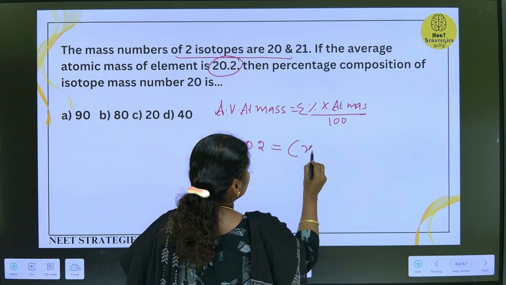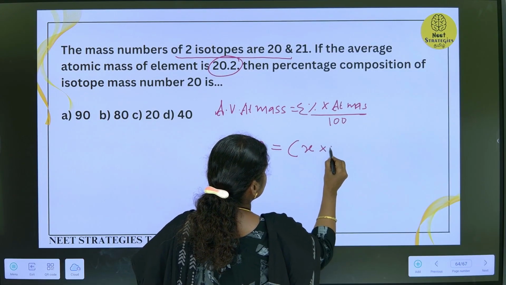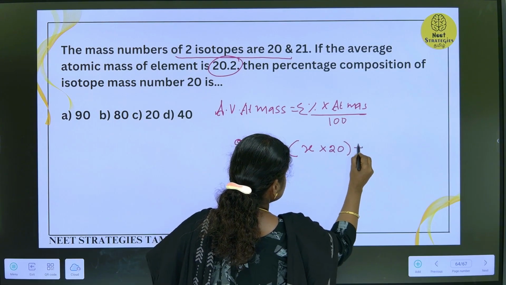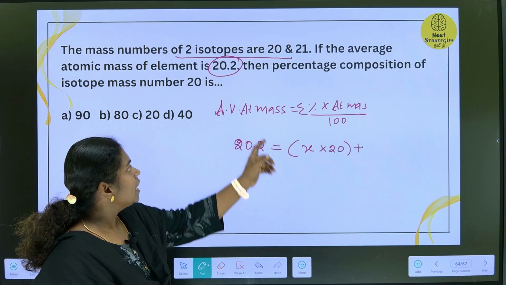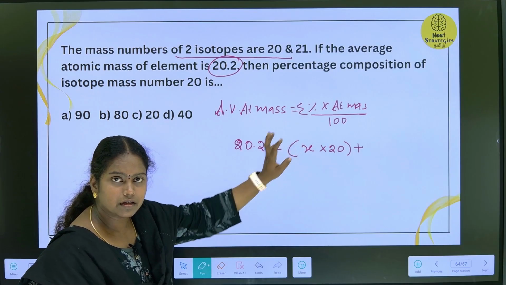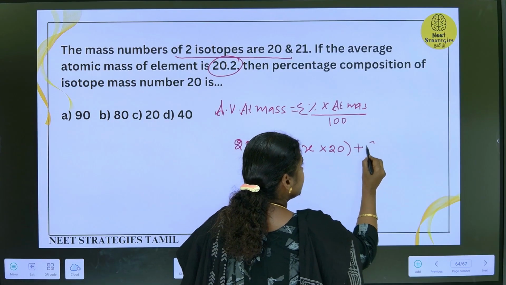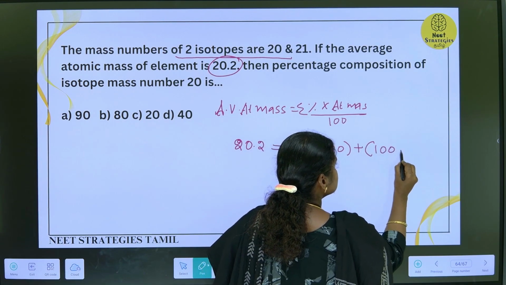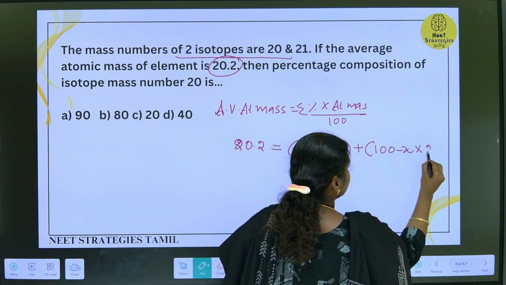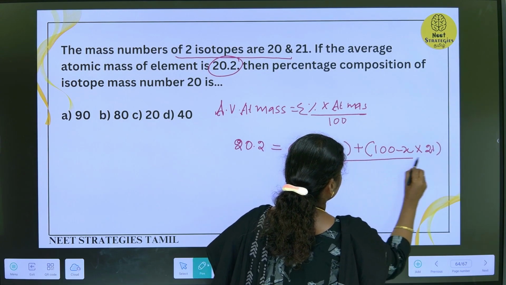Plus, the next isotope is 21. For that 21, I give 100 minus X into 21, upon 100.